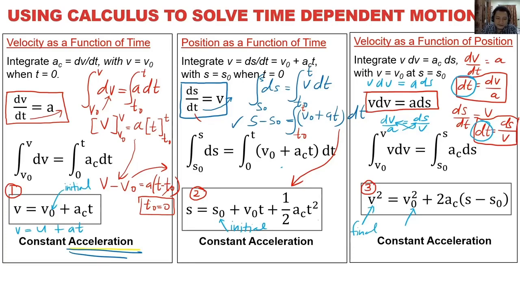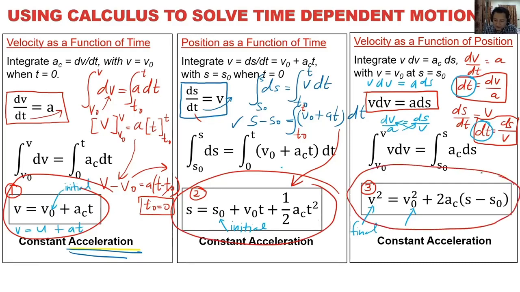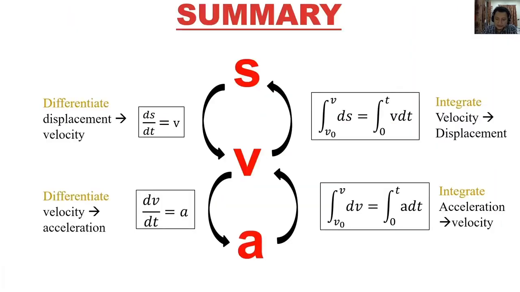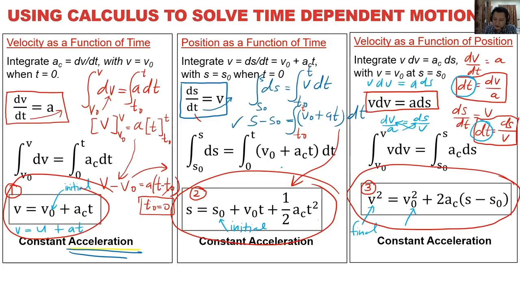Okay, so what's the conclusion here? The conclusion is that we have to remember these three formulas: this formula, this formula, and this formula. You have to remember them. If you don't remember them, you have to derive them on your own. So better you remember.